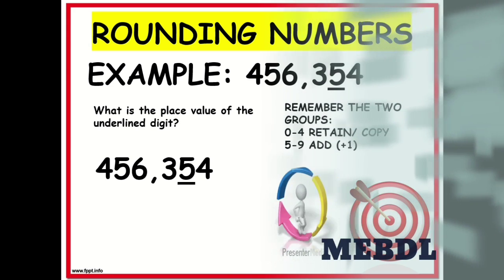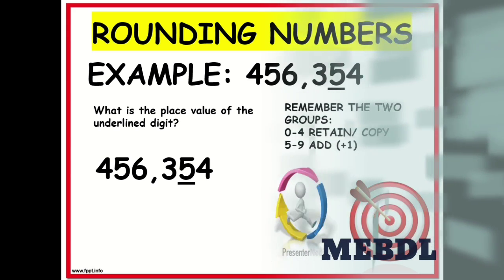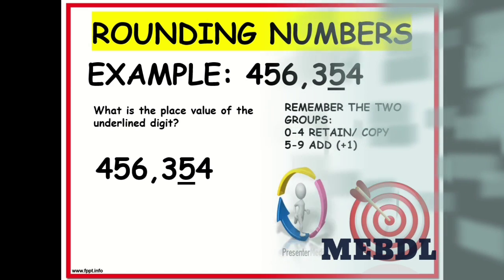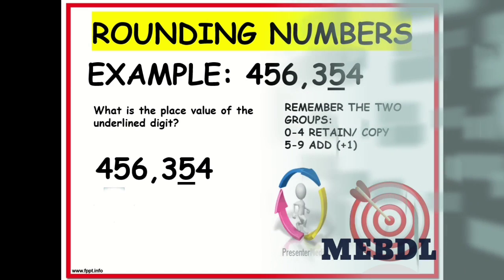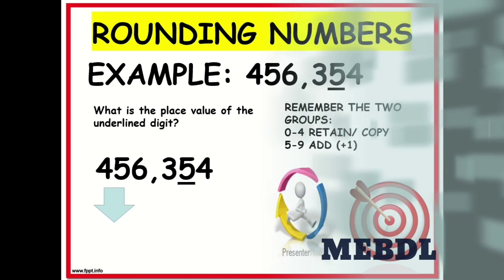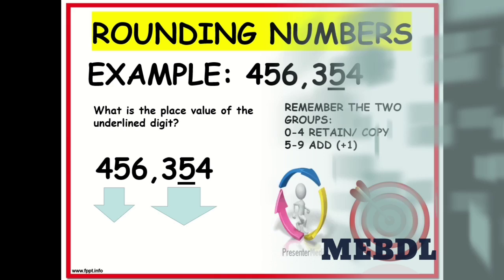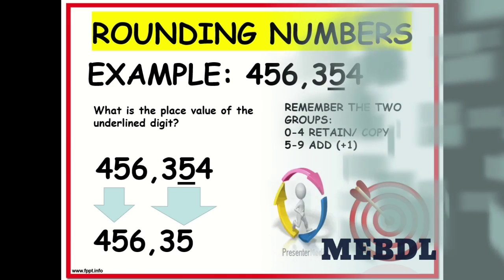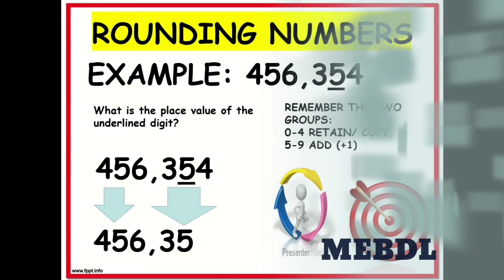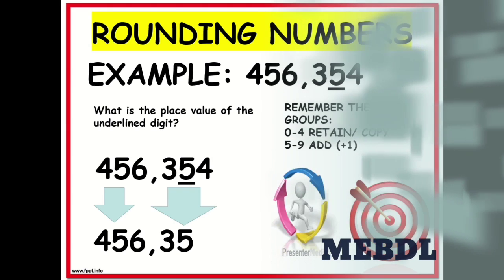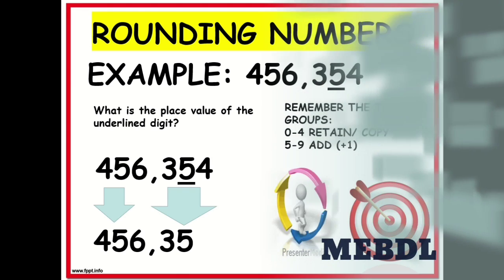The digit to its right side is 4. 4 belongs to the first group. Copy 4, 5, 6 and 3. 5 will be retained. And all numbers that come after become 0.